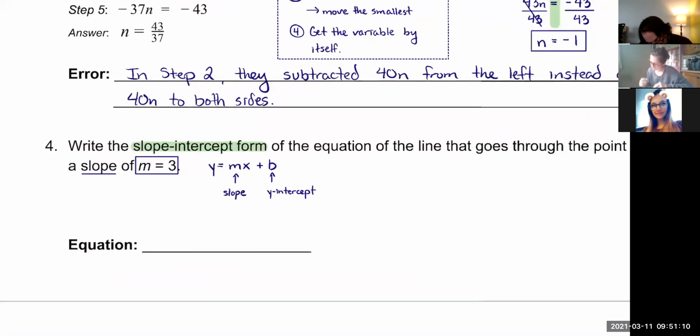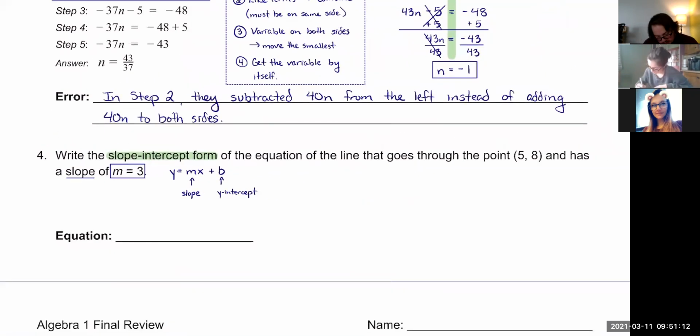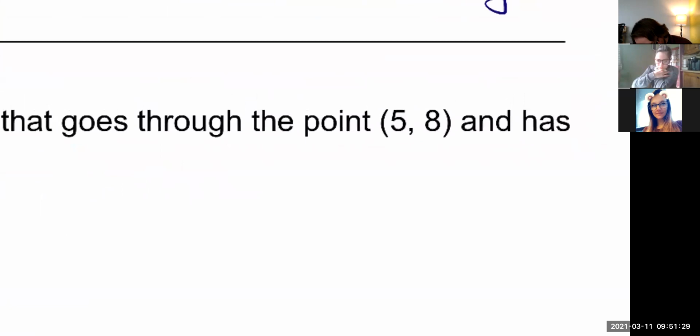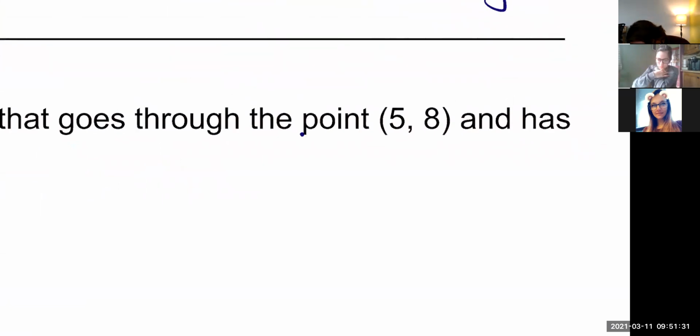Unfortunately, if I zoom out again, instead of giving me the y-intercept, it gave me a point. So I have the slope, but I only have a point, and it's not the special point that is the y-intercept. Well, a lot of the times when we had points in the past, we thought of it as an x coordinate and a y coordinate.